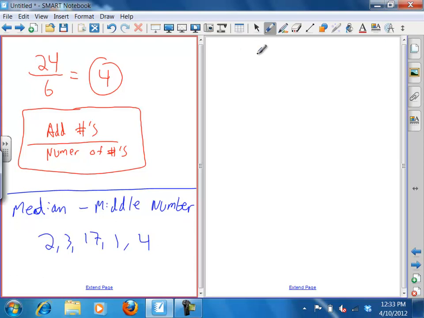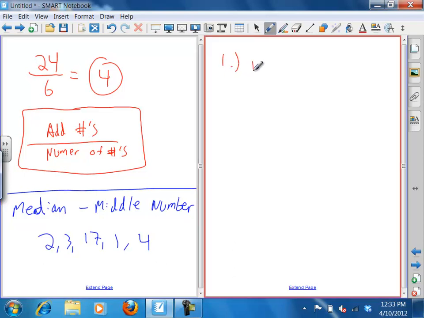Well, we got to put them in order. So here are our steps. Put in order. So let's do that: 1, 2, 3, 4, 17. Okay. Now we find the middle number.